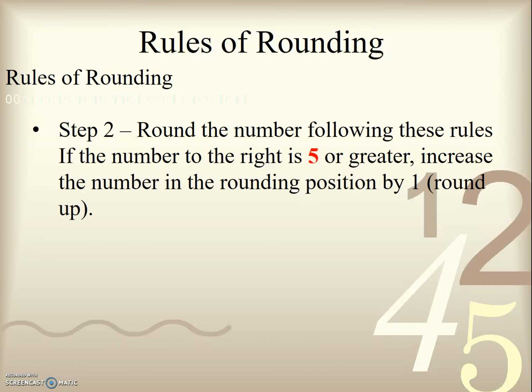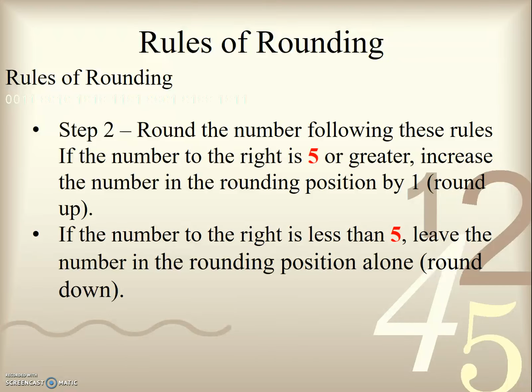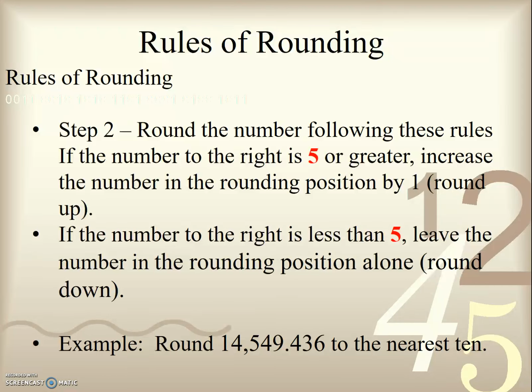You should have filled in a 5 in the first blank, and you should have filled in a 5 in the second blank. Again, if the number to the right of the number that we are rounding to is 5 or greater, we're going to increase the number in the rounding position by 1. If the number to the right is less than 5, leave the number in the rounding position alone. Okay, so let's take a look again at our example number.